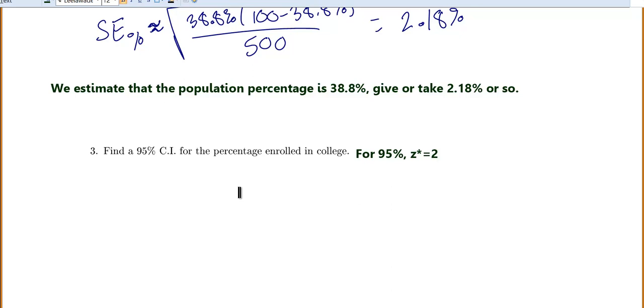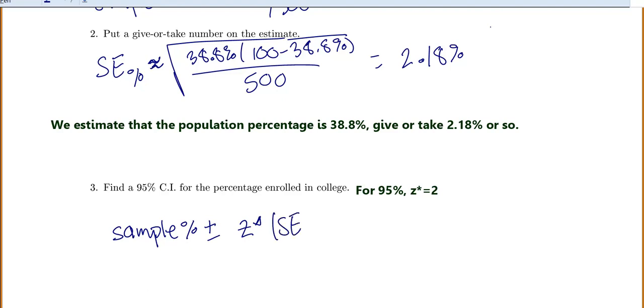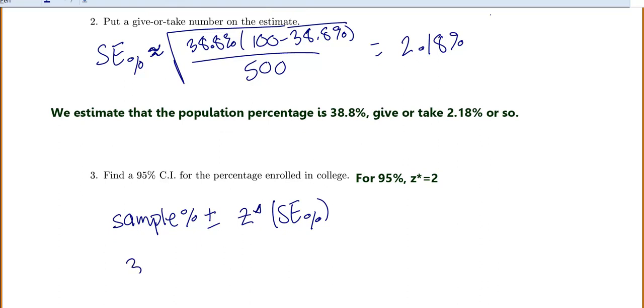Okay, let's see. I think we've found everything we need. We just need to actually calculate it. So it's always your estimate, which is our sample percentage, plus or minus Z star times your standard error. Our sample percentage is 38.8%, plus or minus 2 times our standard error, which is 2.18%.